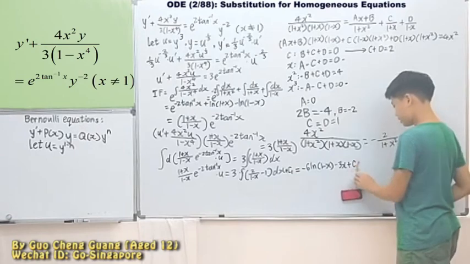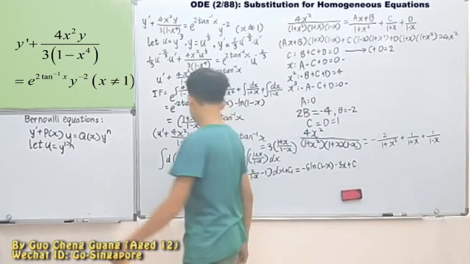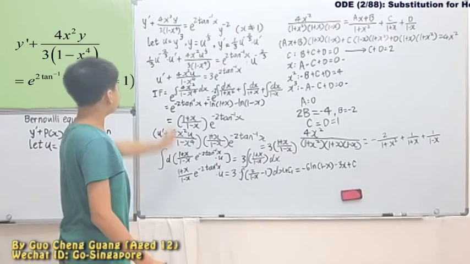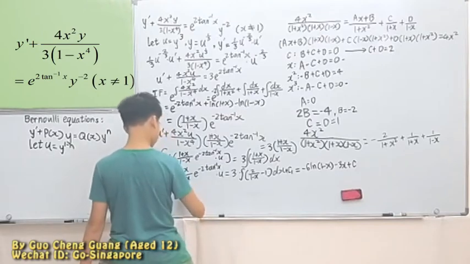Then after that, I think you'll most probably just write it as a C, since you have already found all of these. Then here you get back your y cubed.